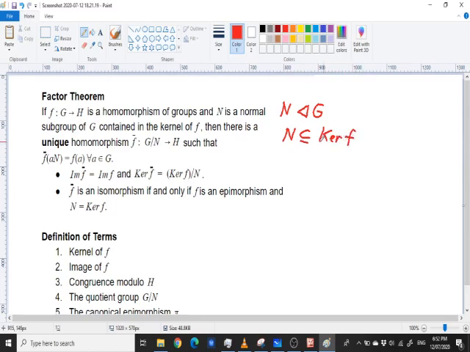What does kernel of f mean? We'll define that later. And then there is a unique homomorphism. I always forget this unique part, so it has to be unique.